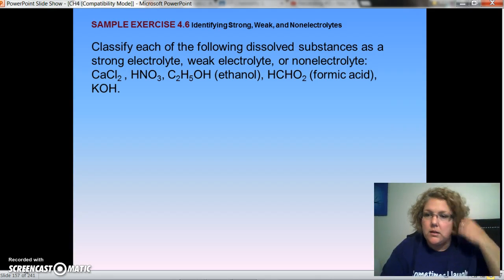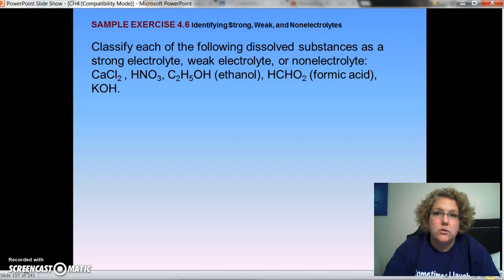So this is the kind of thing you'll have to do to start, and that is just deciding whether a substance is a strong electrolyte, a weak electrolyte, or a non-electrolyte. Okay, we have calcium chloride. That's ionic, so we have to ask ourselves, is it soluble? And according to our solubility rules, halogen ionic compounds are soluble except for those with silver, mercury, or lead.